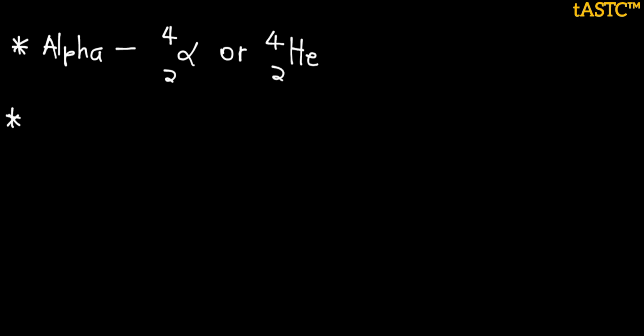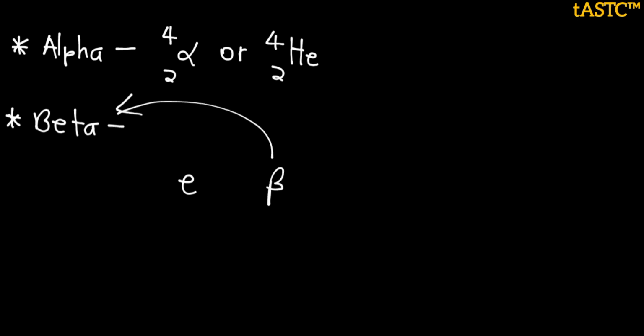Now another one is the beta particle. So I'm just going to write it like this. Now the beta particle could be written with this symbol or this symbol. This one is most relatable because that's the symbol for the beta particle, while this one is the symbol for an electron.